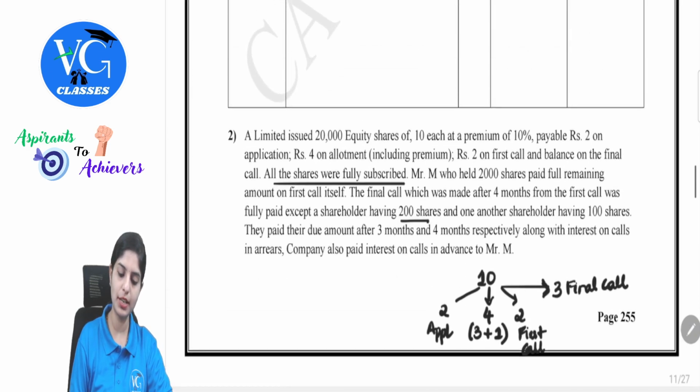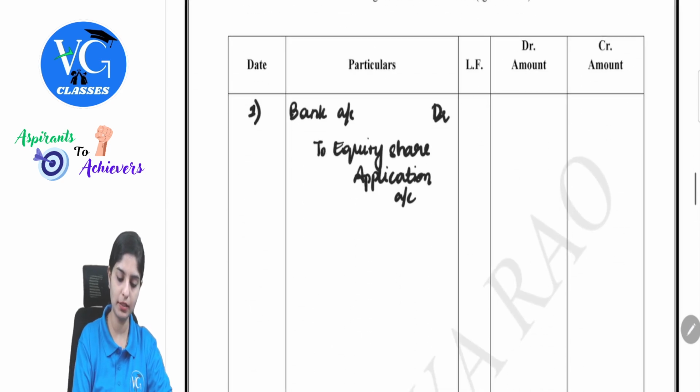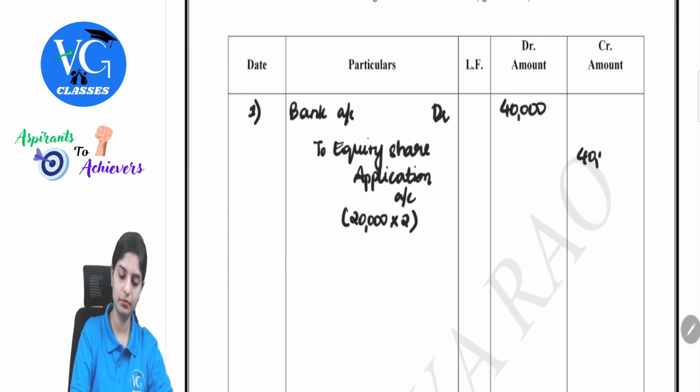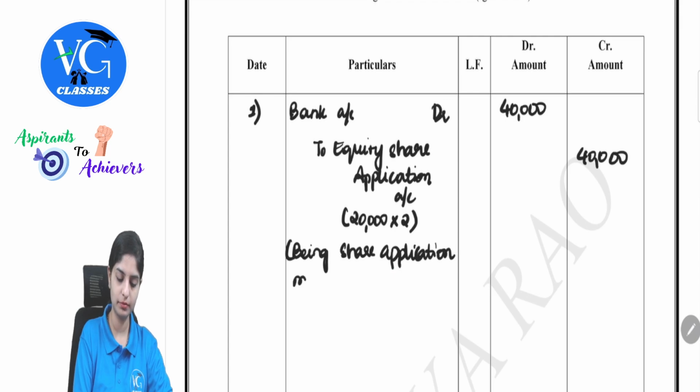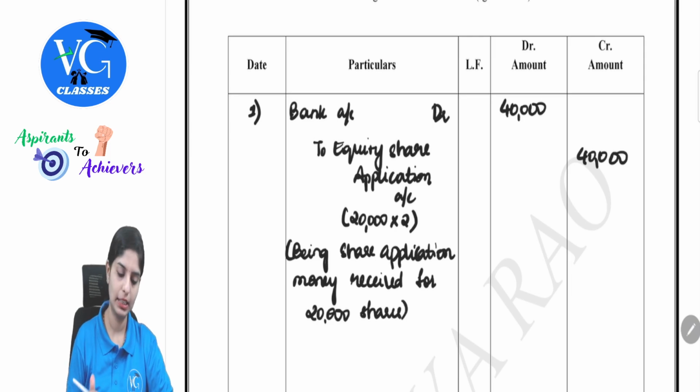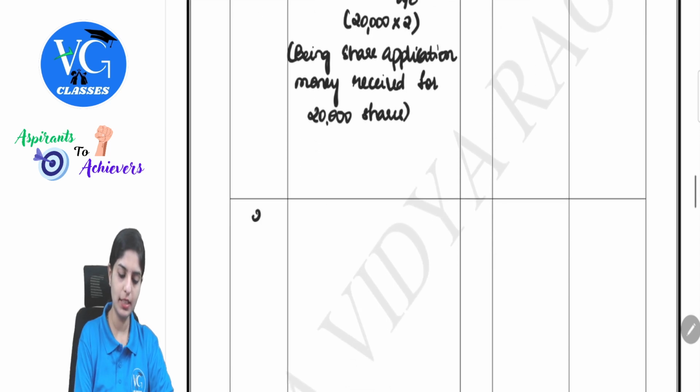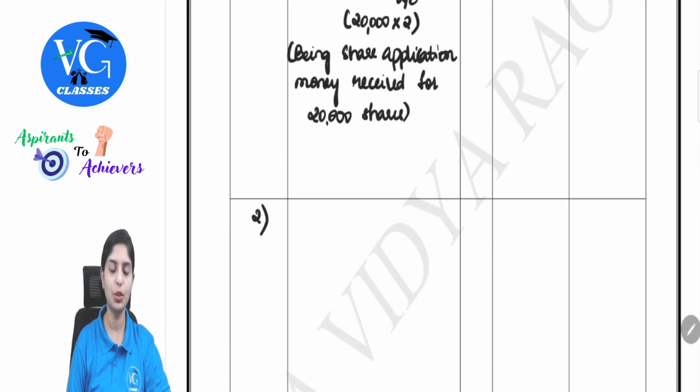So what is the number of shares? 20,000 into 2 rupees. This will be 40,000, being share application money received for 20,000 shares. Clear?